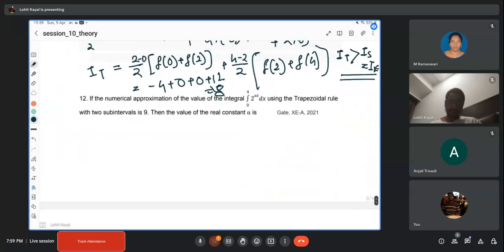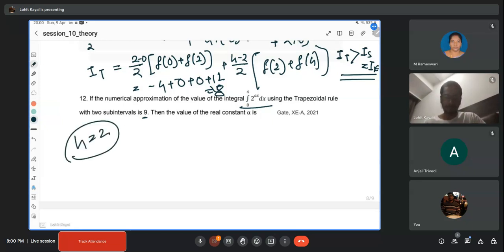Now again another GATE problem. Here you need to find the value, and the value is already provided using two subintervals. It is not told if the subinterval length is the same or not, but for simplicity, I can take h equal to 2, because I need to have two subintervals.